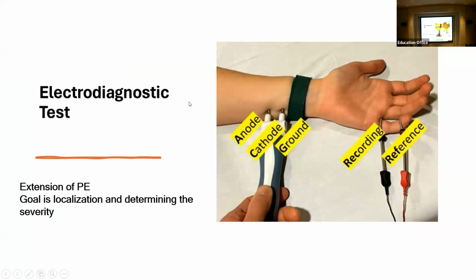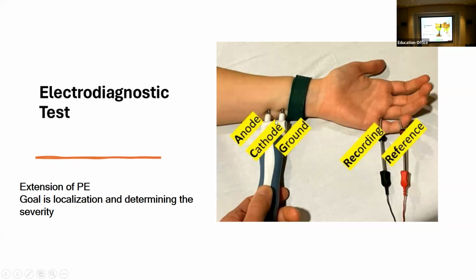Most of us have probably already rotated in the EMG lab, so we should know where to put the electrodes and where to stimulate the nerves. Usually we put the recording electrode along the nerve, more distally. The reference is even more distal than the recording site.